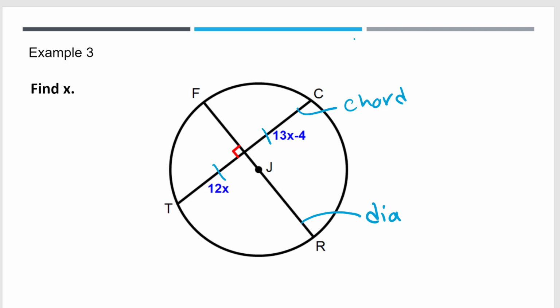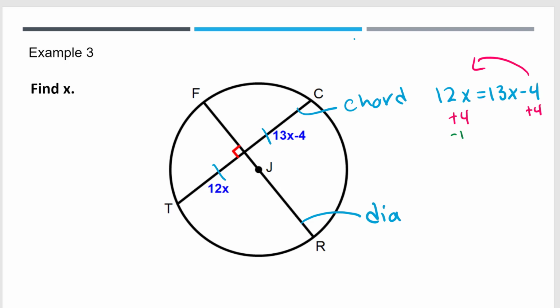So that means that we can set our two expressions equal to each other and solve for x. So 12x is equal to 13x minus 4. We'll collect like terms. So I'm going to bring the negative 4 to the left-hand side by adding 4.